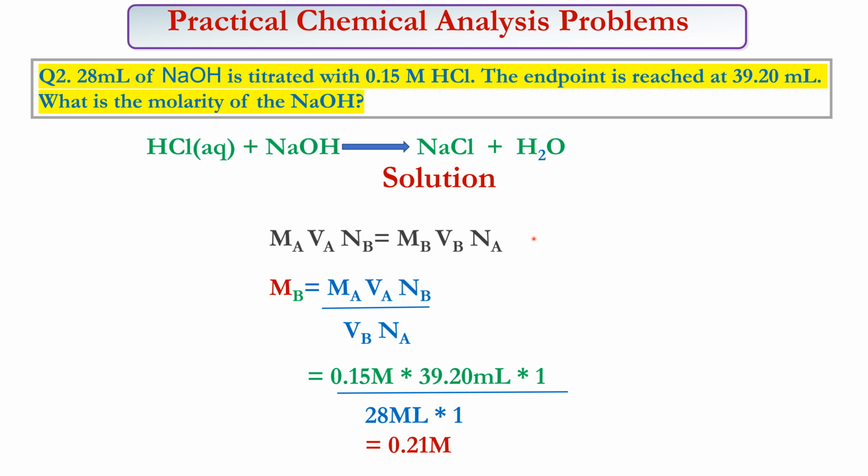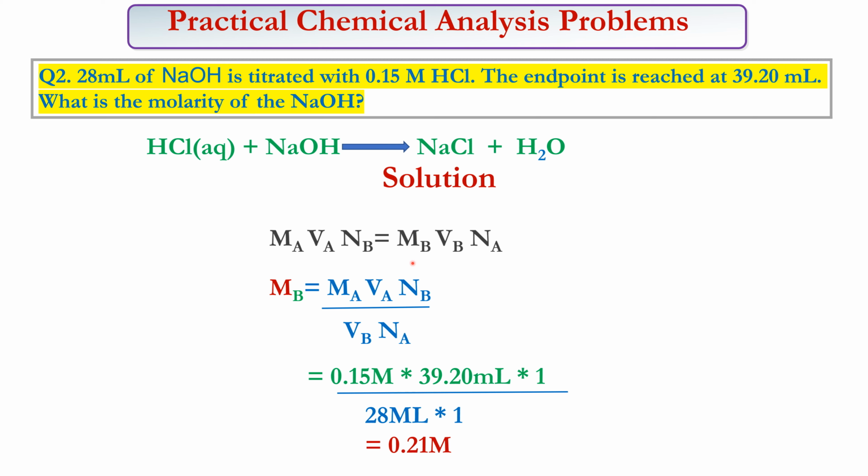So the first thing you do is to write the titration formula, which is MaVaNb is equal to MbVbNa. But because we are asked to calculate the molarity of the NaOH, which is the base, we need to make Mb the subject of this formula.